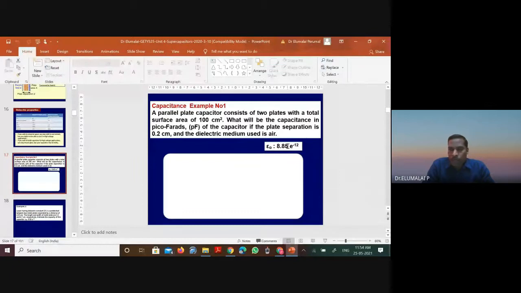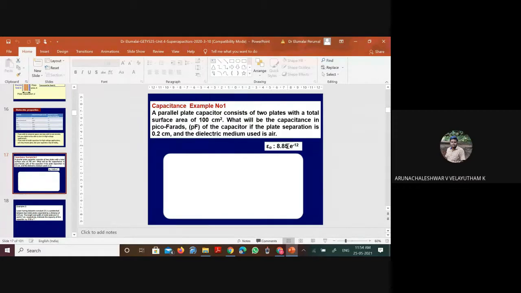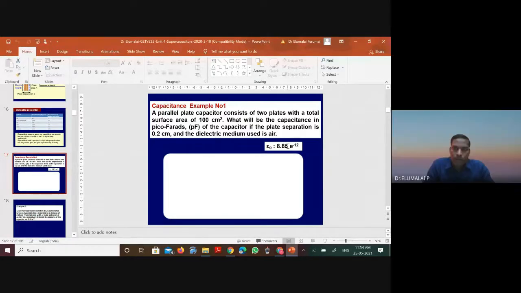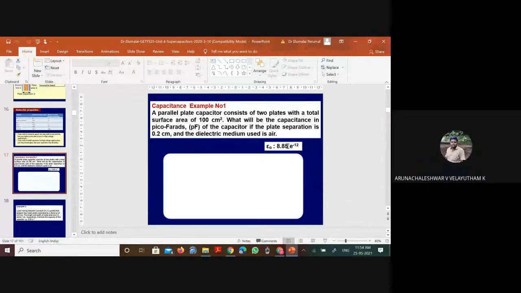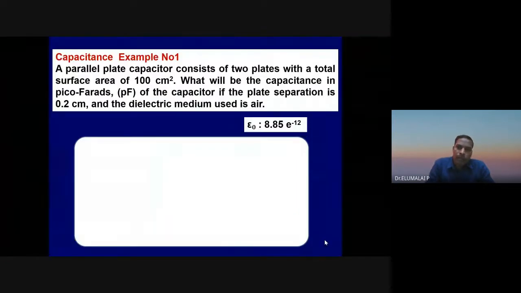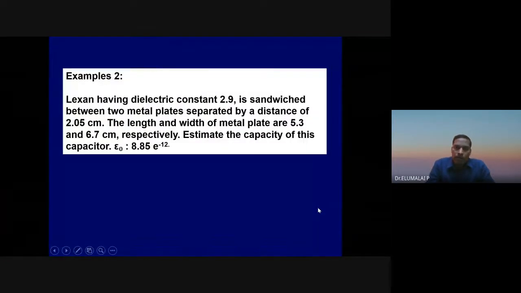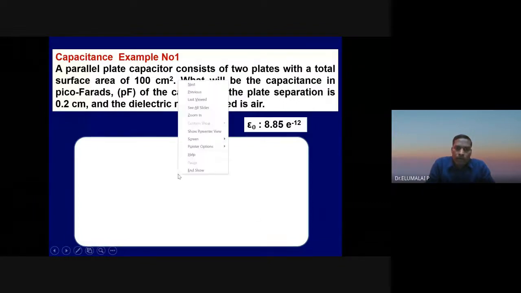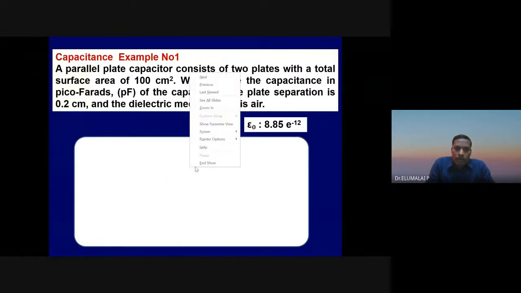8.85 into 10 power minus 12 into 100 divided by 0.2. 4.4 into 10 power minus 9. Yeah, so 4.425. Okay, so roughly 4.25.